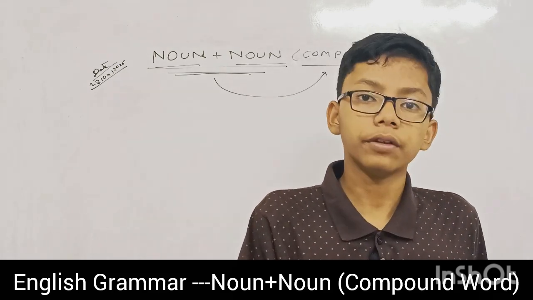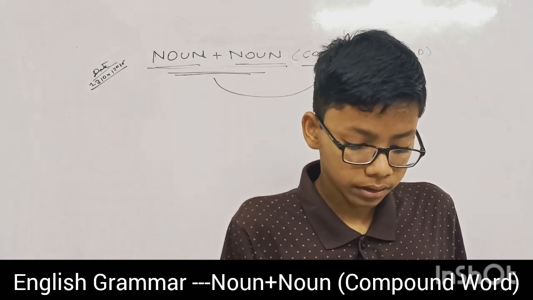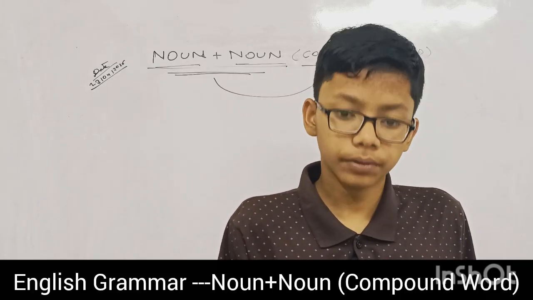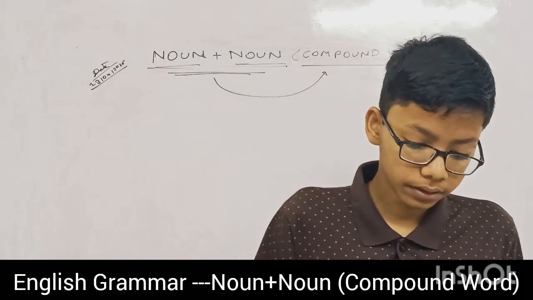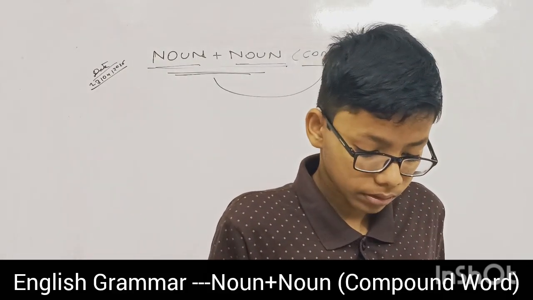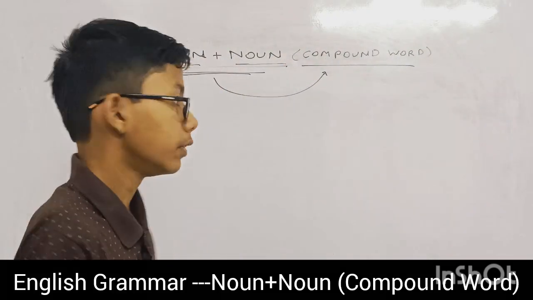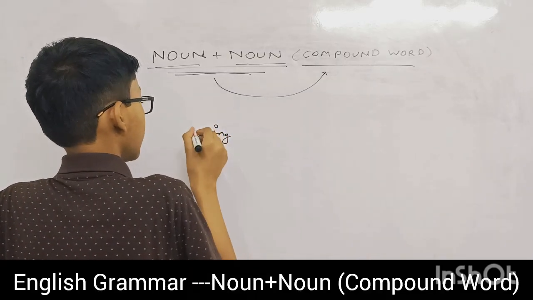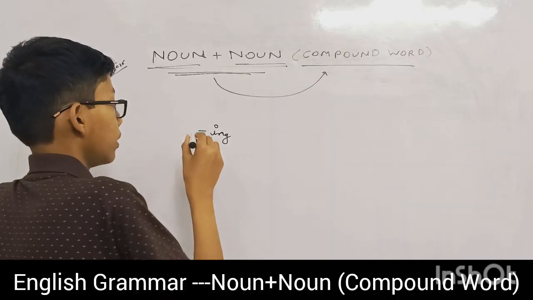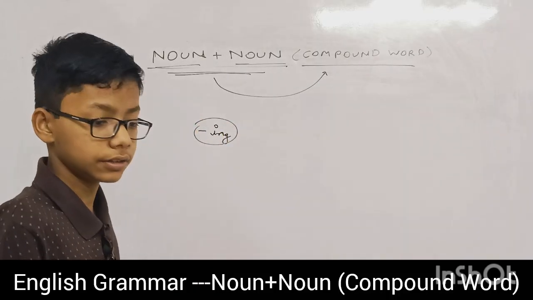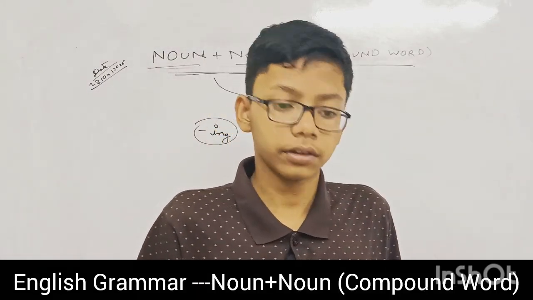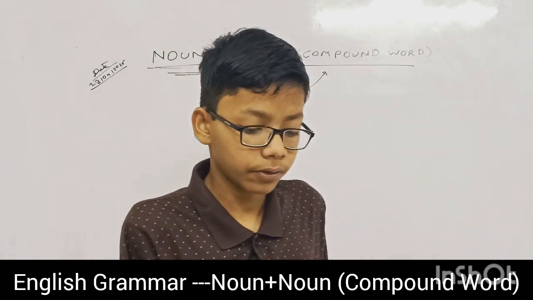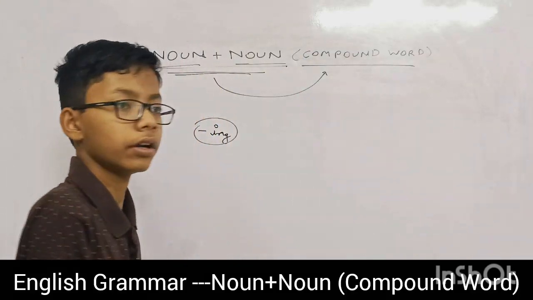Often the first word ends in ing. Usually these are things that are used for doing something. For example, a washing machine. Some words in noun plus noun can use ing for the first noun. It is often used for things that are used for doing something.